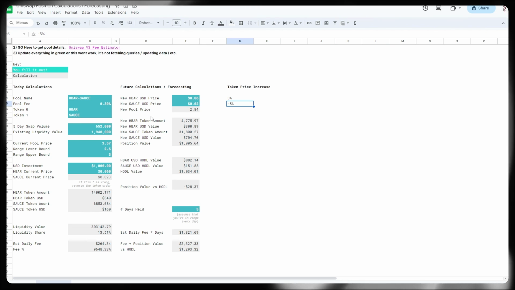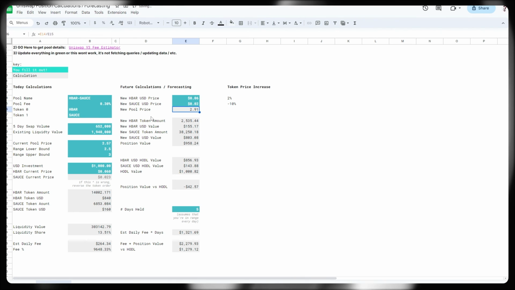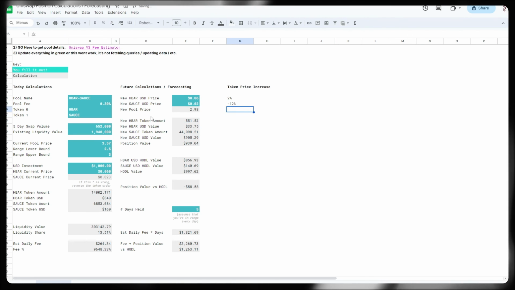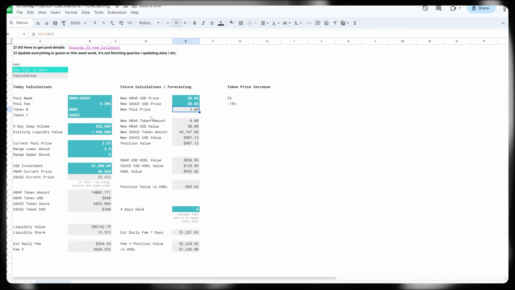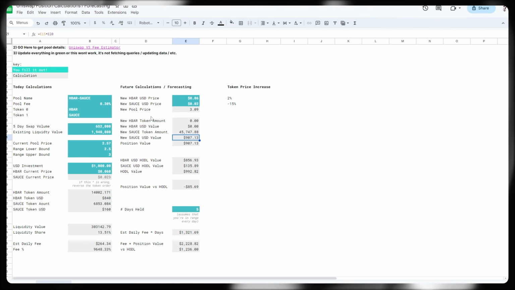Now, more importantly, if I see a drastic drop of say 10% in one of the tokens, and let's just say hbar kind of flatlines, what we can begin to see is my position is now almost converted completely into source, and I've nearly got no hbar left. And if I keep moving this until we get to a pool price that falls outside of my range, so there we go, got a pool price that now falls outside of my range, you can see I've got 100% movement across into source.